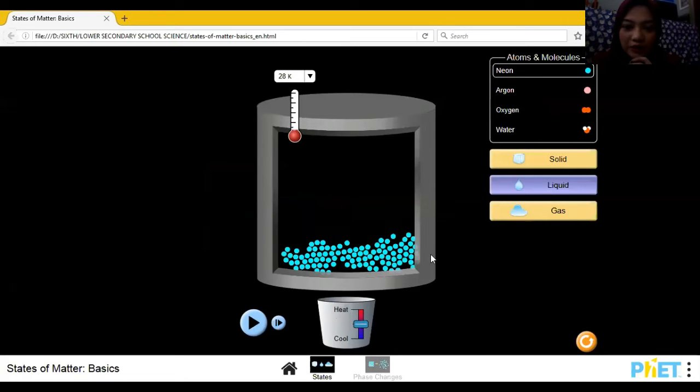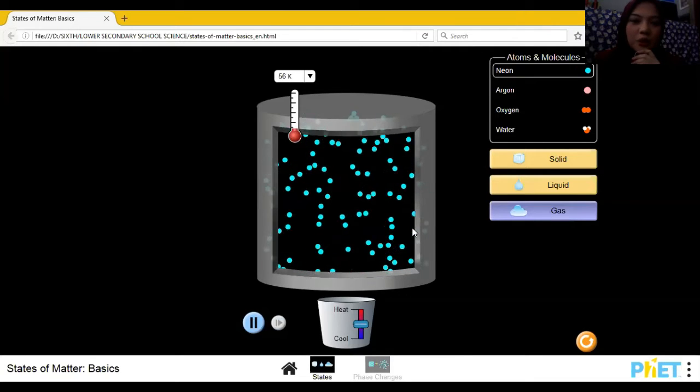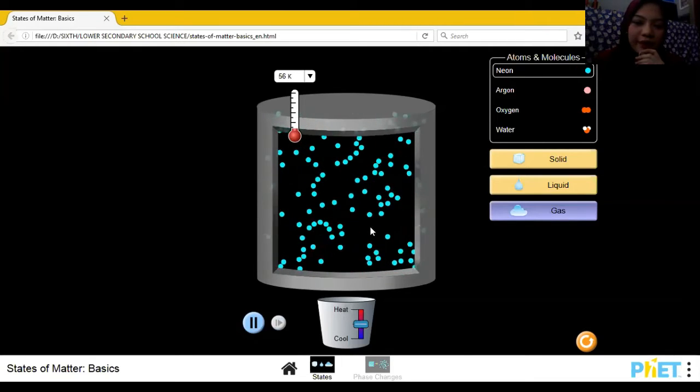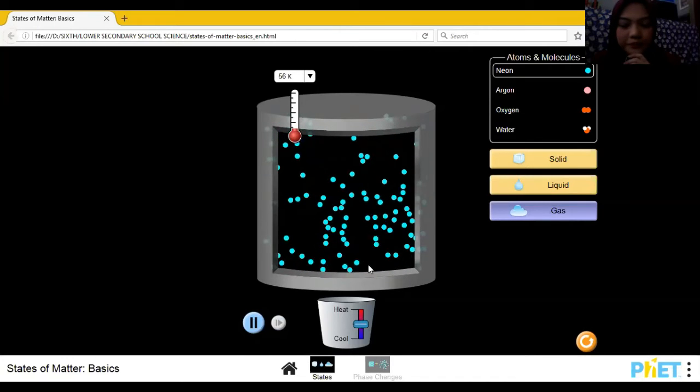While in liquid state, can you see the particles move? They move freely but not really fast. And in gases like this, whoa, it's very different, right? This is the particles of gaseous state.